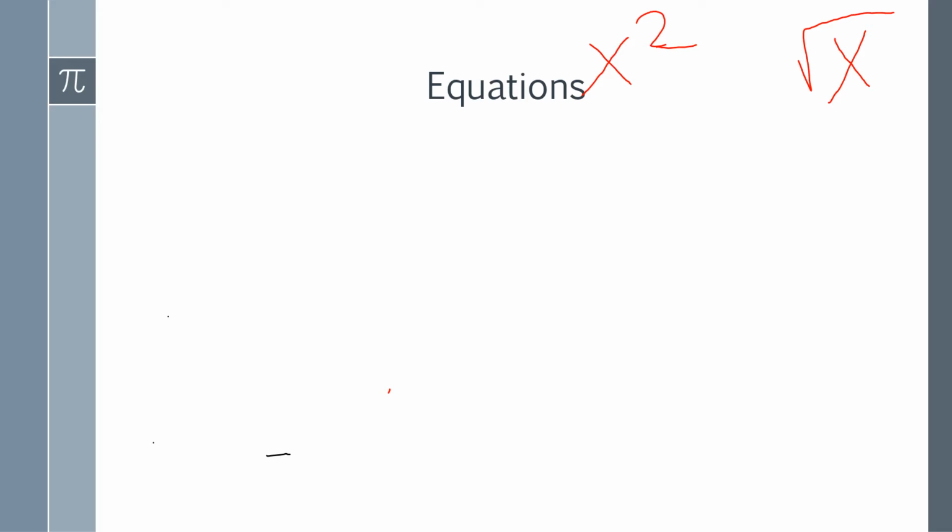So let's do 2 equals (x minus 2) squared minus 2.